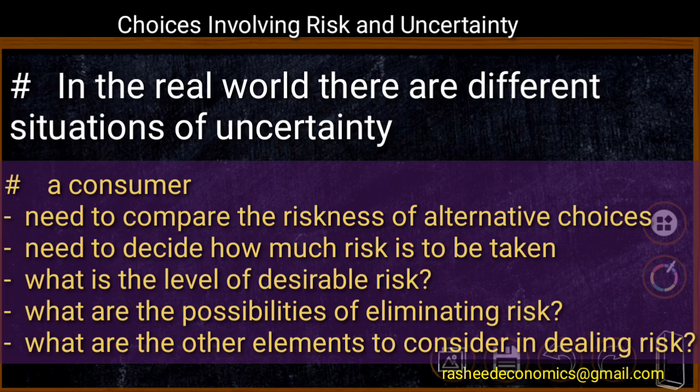While reducing risk, what are the other elements to consider? These are the major questions faced by a consumer in the world of uncertainty. And automatically, the behavior of the consumer becomes unpredictable.